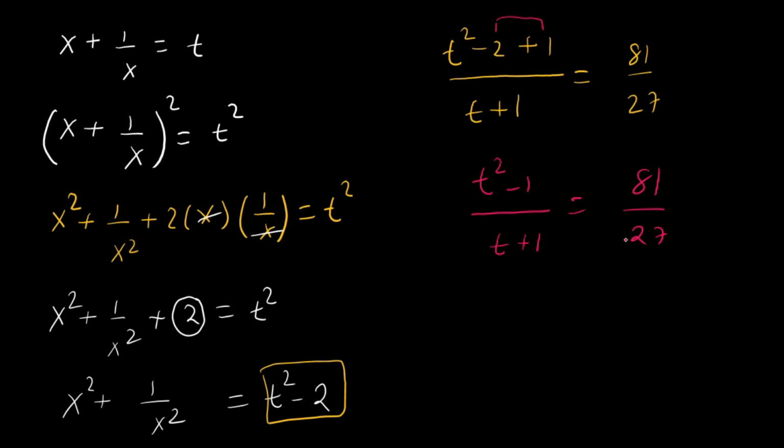Now if we cross multiply, then 27 is multiplied by (t squared minus 1) and 81 is multiplied by (t plus 1). Here we know the algebraic identity a squared minus b squared is equal to (a plus b) times (a minus b).